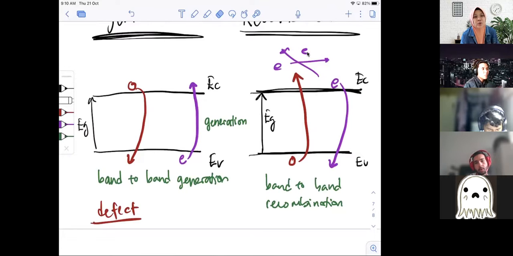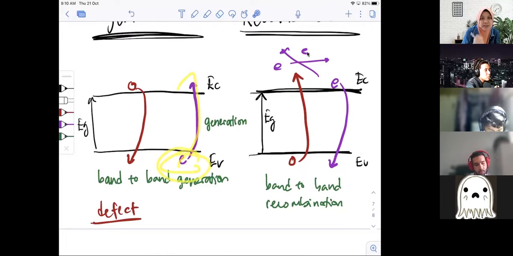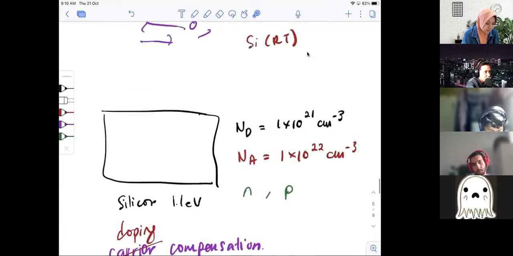Now, generation, you take energy, right? In order for you to generate, this electron must gain energy. And I told you before how this electron can gain energy.